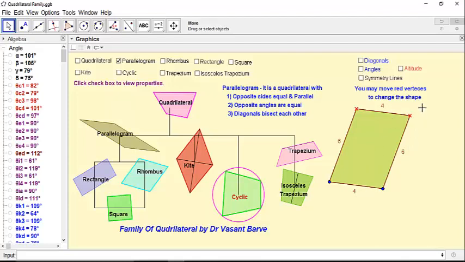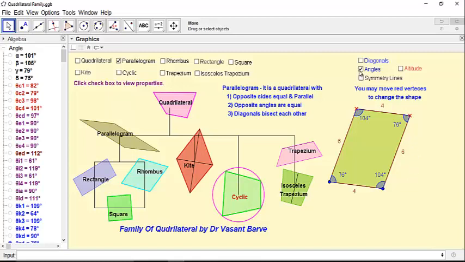That we can see by clicking on the angles. You will see that if you add up these 2 angles, it adds up to 180 degrees. These 2 angles add up to 180 degrees. These 2 add up to 180 degrees. So these lines are parallel to each other. Opposite sides are parallel to each other and they are equal. Opposite angles are equal.